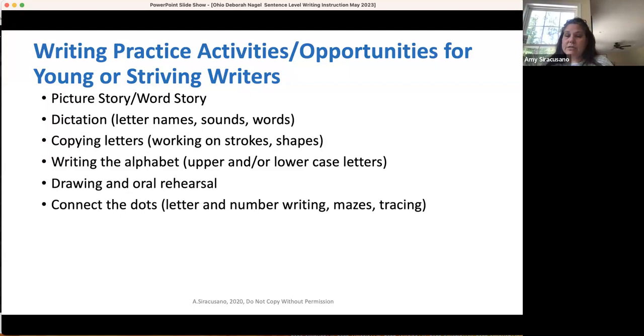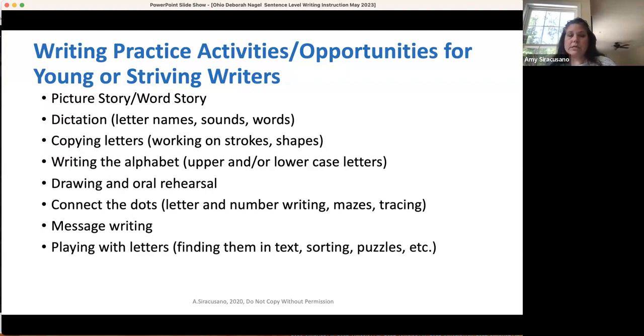Connecting the dots, for fine motor, to help with strokes and keeping on lines, right? So connecting the dots with numbers and mazes and tracing. Message writing by the teacher and making some corrections on the message writing is always helpful.